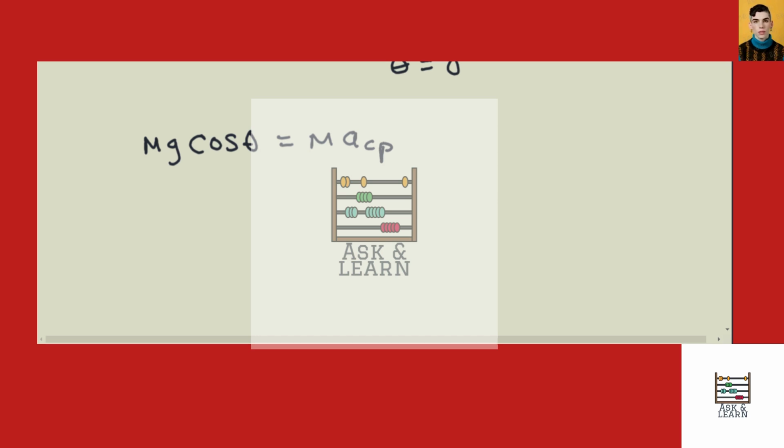So what we want to find is this angle theta. We can expand this a little bit. We can say mg cosine theta is equal to the mass, and then the centripetal acceleration is the velocity squared divided by the radius of curvature. And for this problem, this is the length of the rod, which is 3 feet.